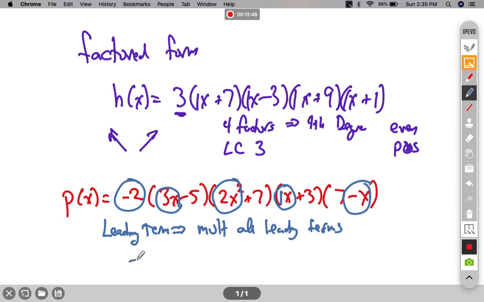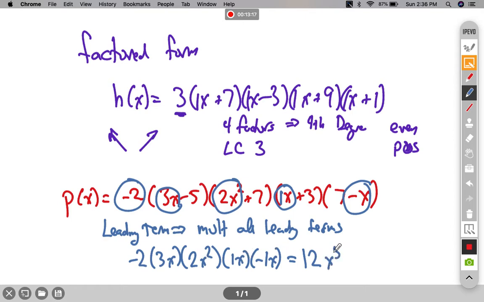So we would take negative 2 times 3x times 2x squared times 1x times a negative 1x. That's going to give me negative 2 times 3 is negative 6 times 2 is negative 12 times 1 is negative 12 times a negative 1 is positive 12. We got x times x squared is x to the third, x to the fourth, x to the fifth. 12x to the fifth.